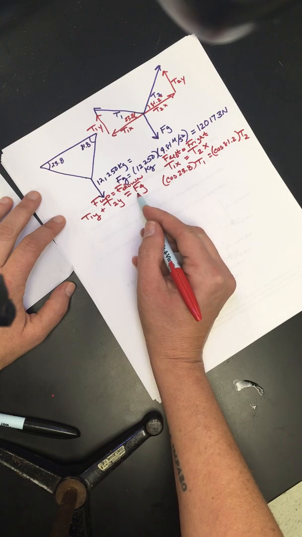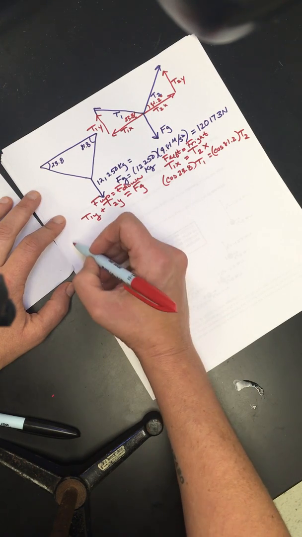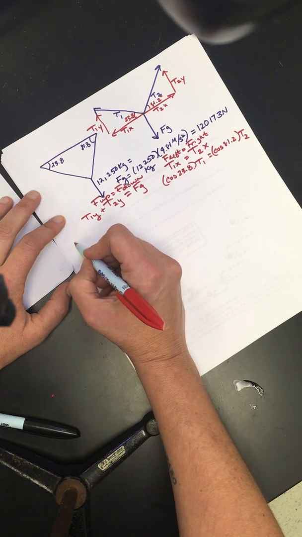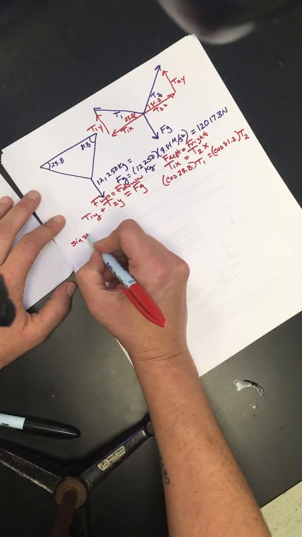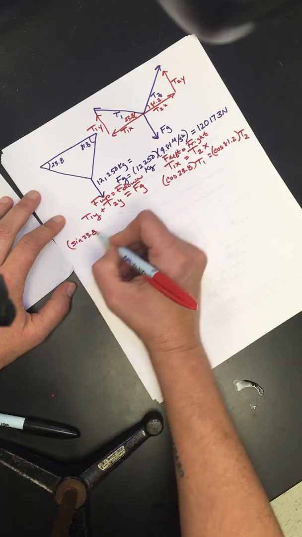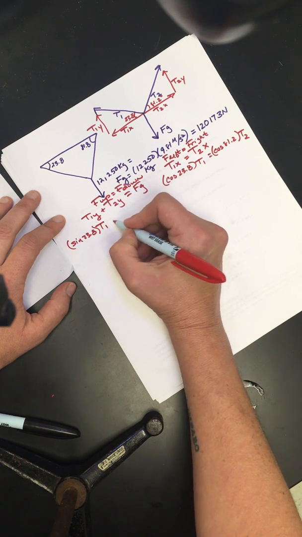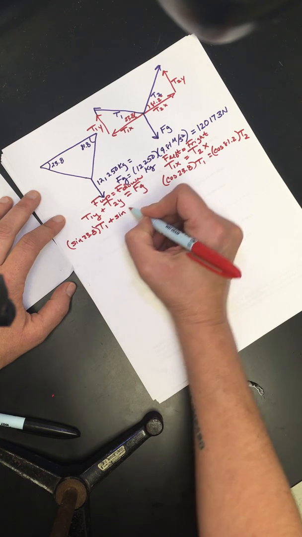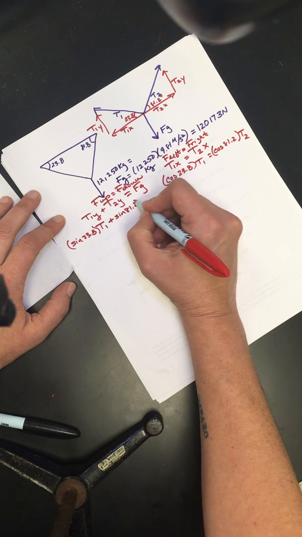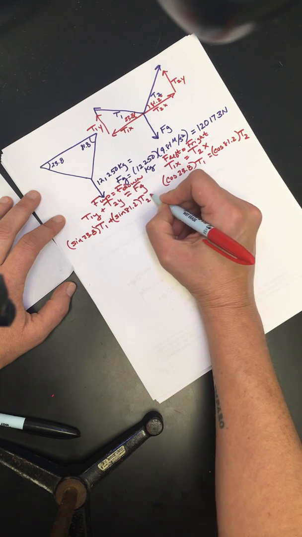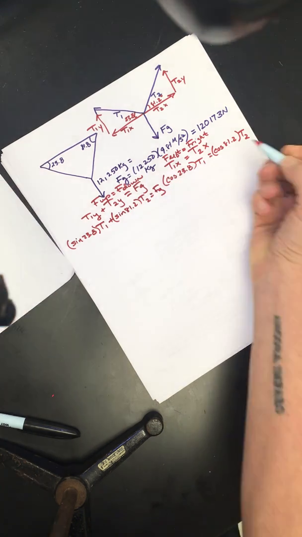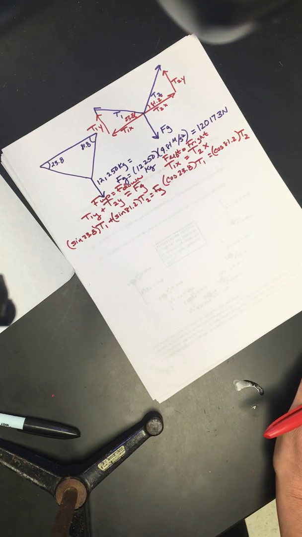Now if I look at this side over here, this is of course going to be my sine function, right? So the sine of 23.8 times T1, that's what T1y is equal to, plus the sine of 81.2 times T2 is going to equal FG, and I'm not even going to put the number in right now. I'll just let it be.